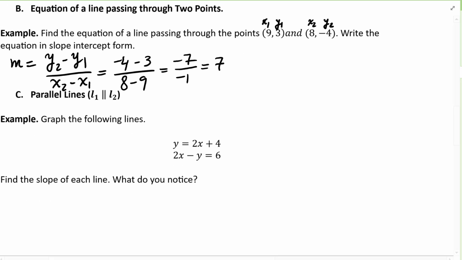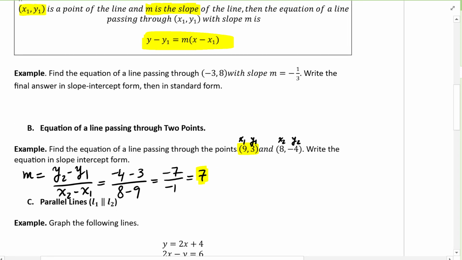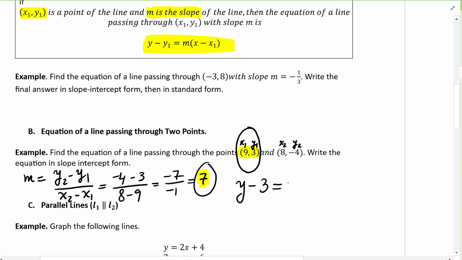Now, if we have 1 point, and I'm going to pick this point, and the slope, we just learned in the previous example that I can just use y minus y1, which is 3 in our case, equals 7 times x minus 9. So out of these 2 points, we can pick one.